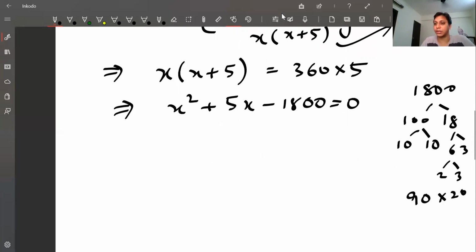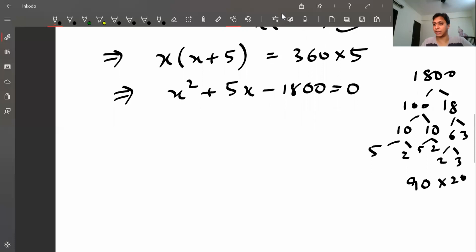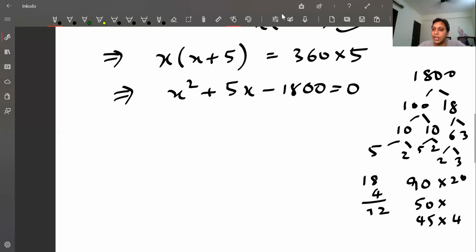What we can do is take this as 5 into 2, and again 5 into 4. Okay, so we are getting 45 into 40.